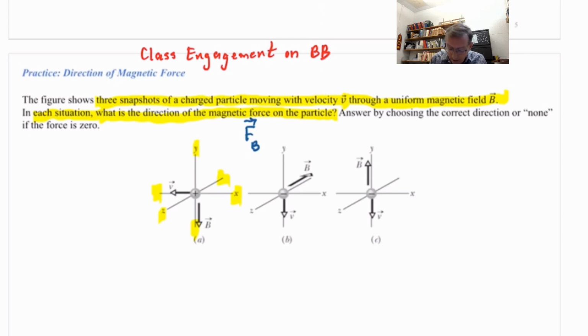You can see that one of the particles is positively charged, and the other two are negatively charged. And then you have a velocity vector and a magnetic field vector. So the answers are, in each case, either plus x, plus y, plus z, minus z, or none if the magnetic force is equal to 0. And that's what you enter on Blackboard.